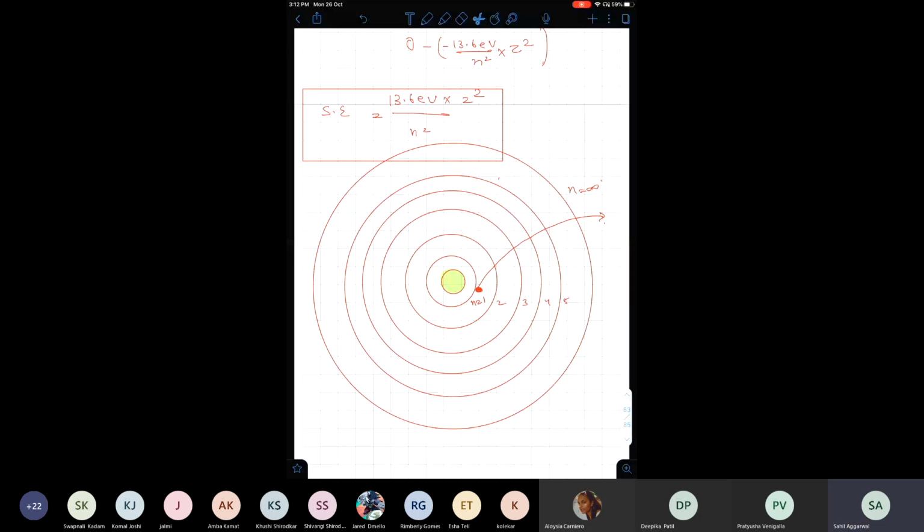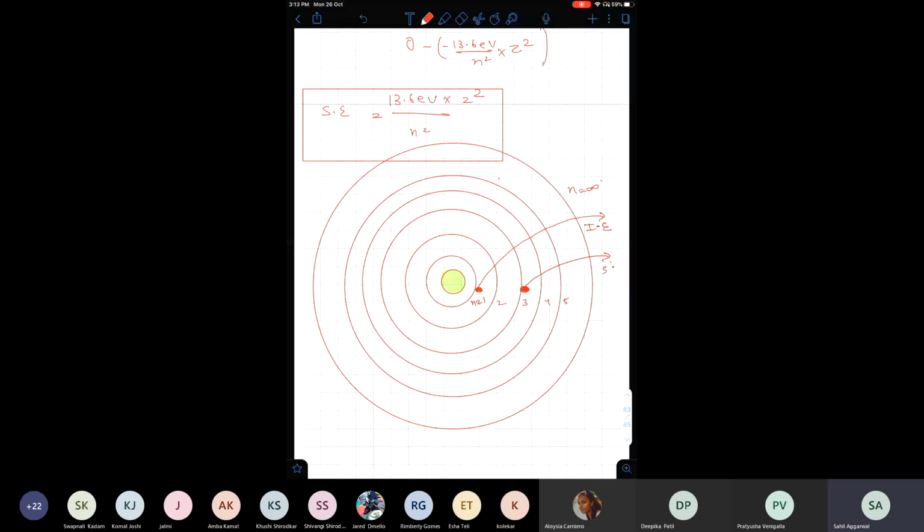If I take electron from here to here, what energy will be required? थर्ड से बाहर जा रहे हैं तो कौन सी एनर्जी लगेगी? सेपरेशन एनर्जी.